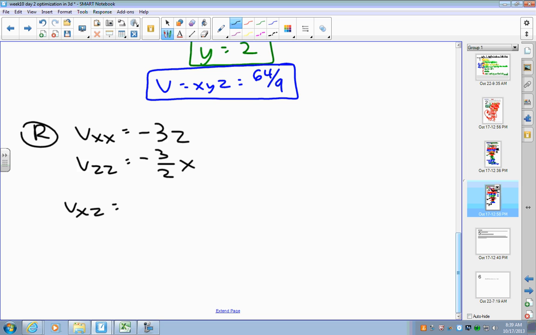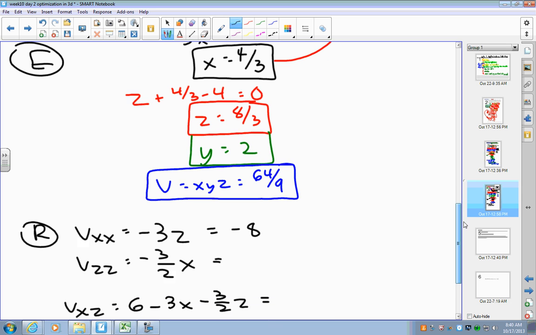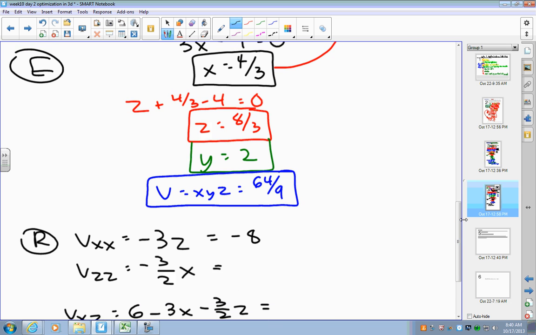Vxz would be 6 minus 3x minus 3/2 z. And I can plug in the values that I have. So plugging in a z there, that would be -8. Plugging in, what was x? 4/3. 4/3 into that one is -2.